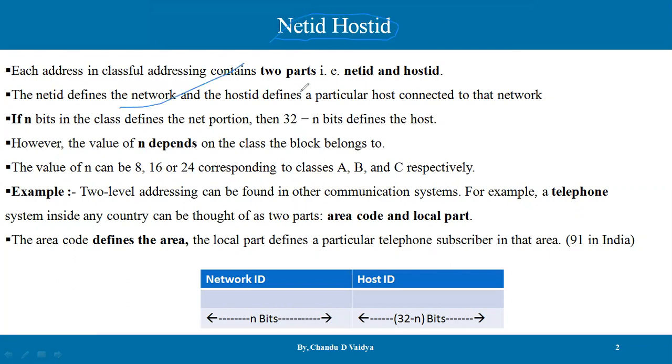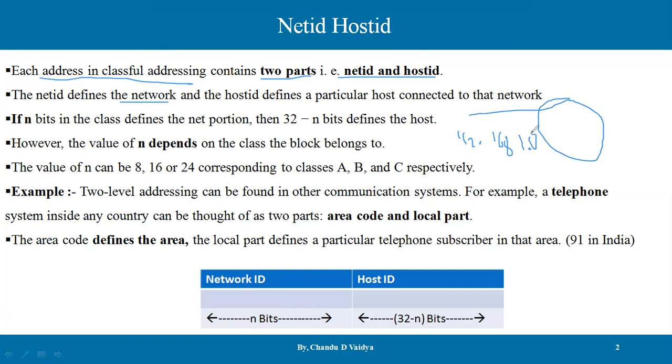Now, if we go with this particular slide, each address in classful addressing contains two parts. The very first part is the net ID, and the second is the host ID. The net ID defines the network, and the host ID defines the particular host connected to that network. Let's say we have a network, and here, let's say, 192.168.1.0, this is the network ID.